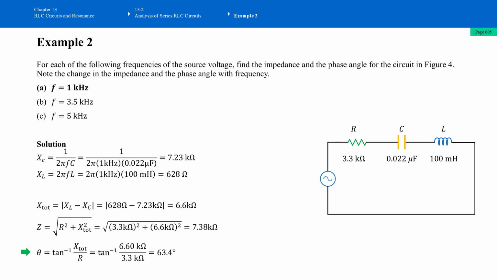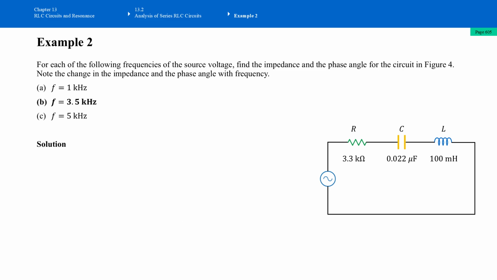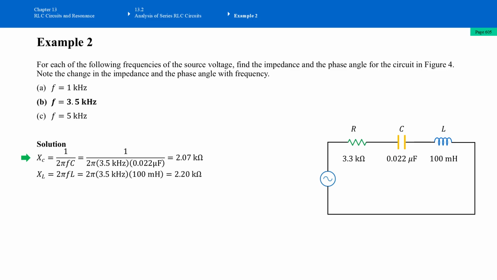Now let's try part B, when frequency is 3.5 kilohertz. We run the same procedure, the same steps, for getting the answers. They are all the same except for the different frequency. We use these reactance formulas to find the capacitive reactance and the inductive reactance.